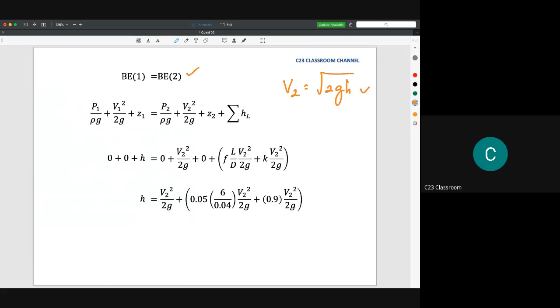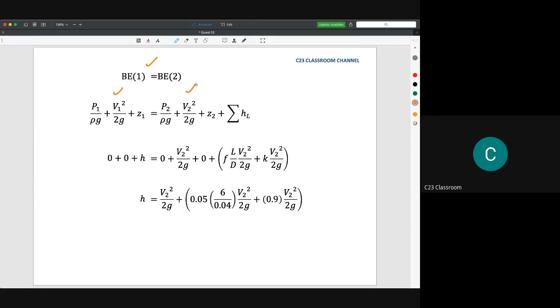And then from the figure, we know that we have f, L, and D, and then we have K. So it means we need to calculate the major and minor loss also. So we write our Bernoulli equation here. This is the inlet, this is the outlet.